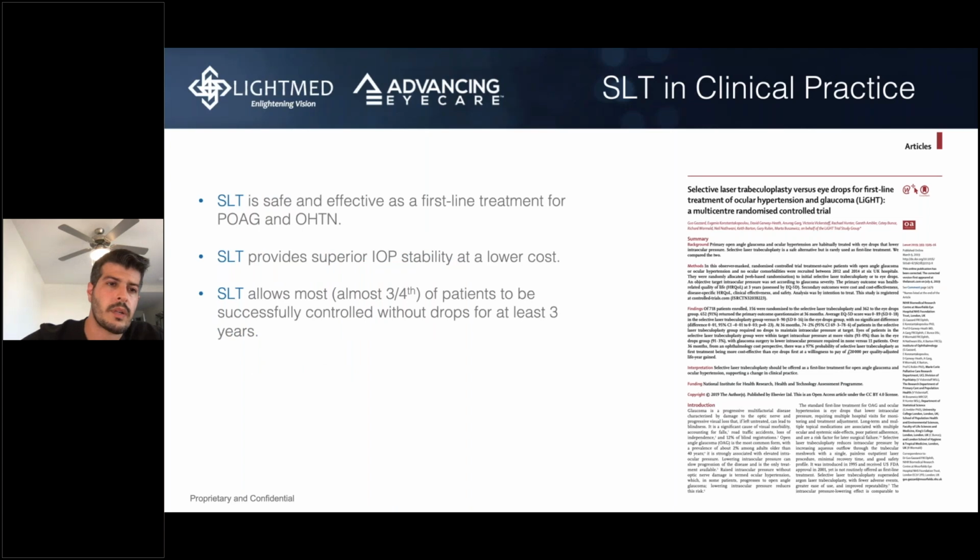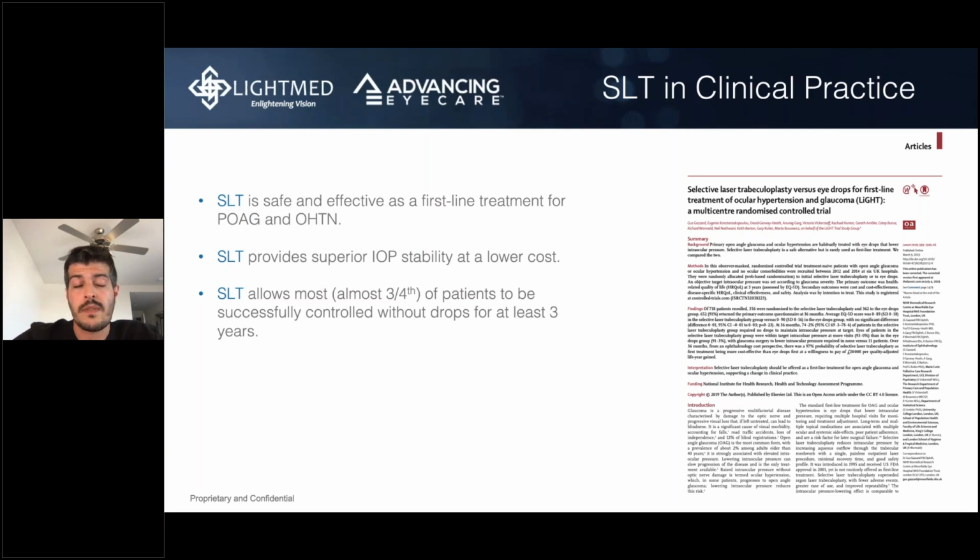So this paper concluded, number 1, SLT is safe and effective as first-line treatment for open angle glaucoma and ocular hypertension. SLT provides superior IOP stability at a lower cost. So this is, again, the first time that this paper showed that, yes, we knew that SLT does a great job with bringing the eye pressure down.